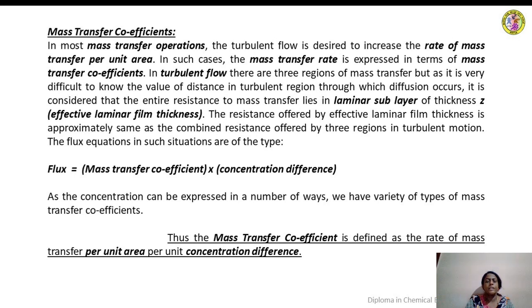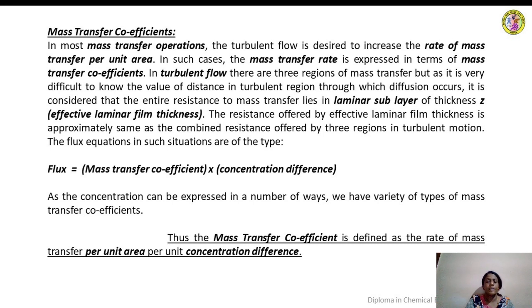So as it is very difficult to know the distance through which the diffusion occurs in the turbulent region, we can consider that the entire resistance to mass transfer lies in the laminar sublayer of thickness Z. So this laminar sublayer thickness is called the effective laminar film thickness.